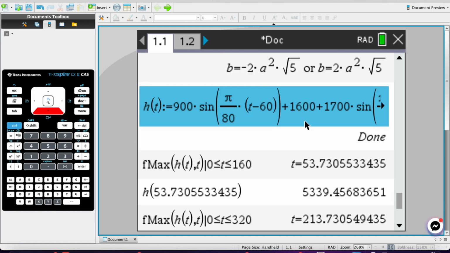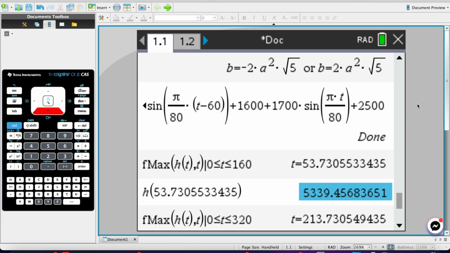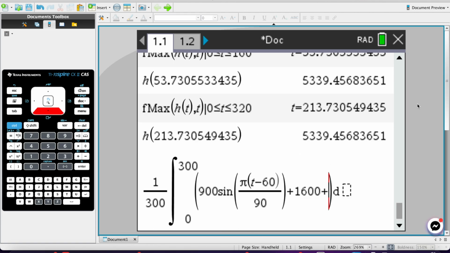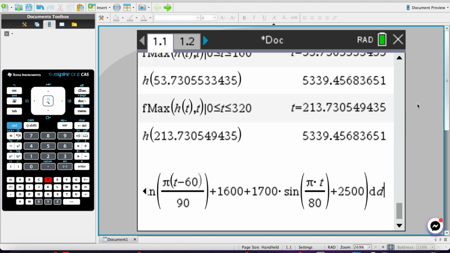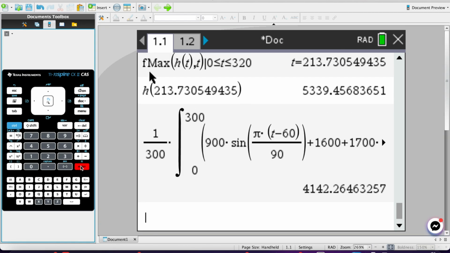Yeah, here, I'll just copy that one down. dt, oops. And that will give us 4142. Okay.